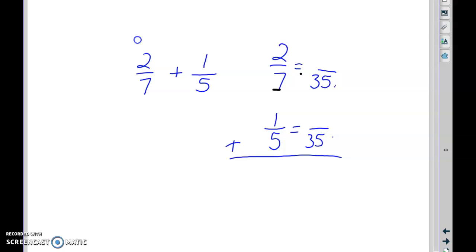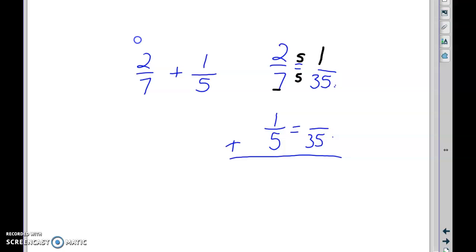And your answer is 5. I really like it when kids put their numbers above and below the equal sign. I have so many kids in that other group that don't do that, and then they put the 5 up here and they get it wrong. Put the 5 above and below the equal sign, and then you know if you multiply the bottom by 5, you have to multiply the top by 5.